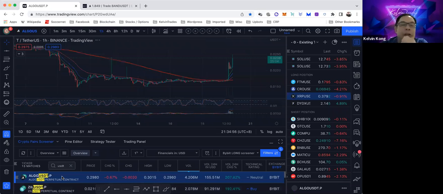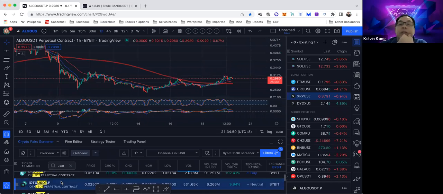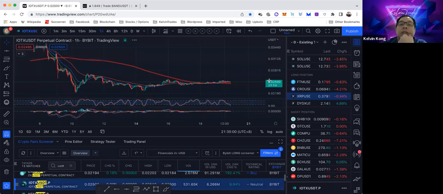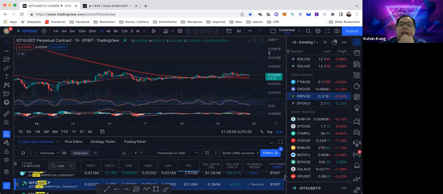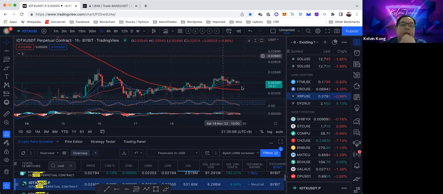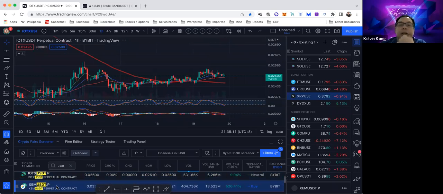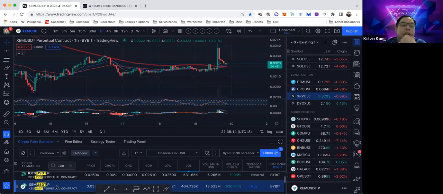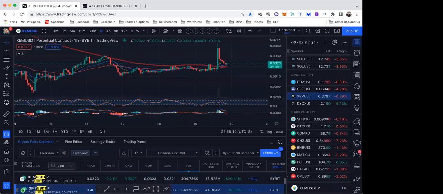Okay, let's pick a coin to long. Okay, IOST. What about CEEK?